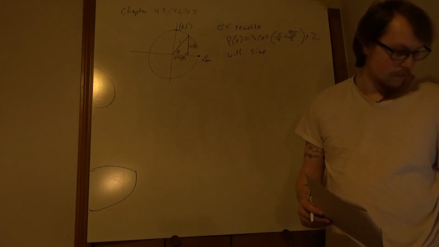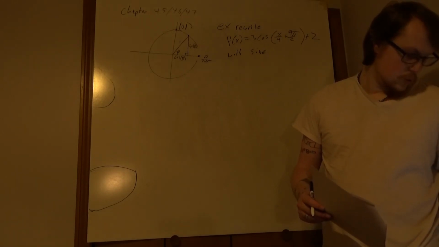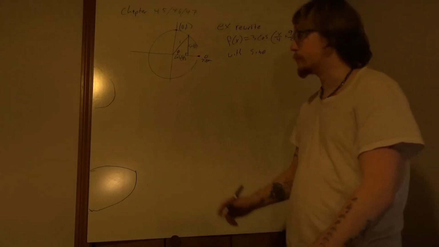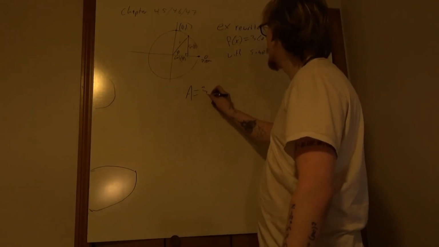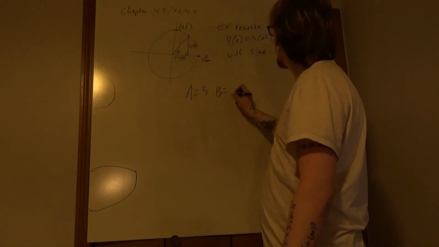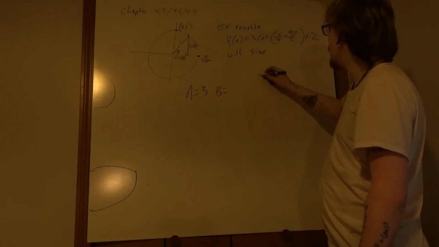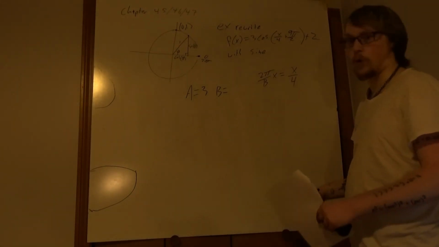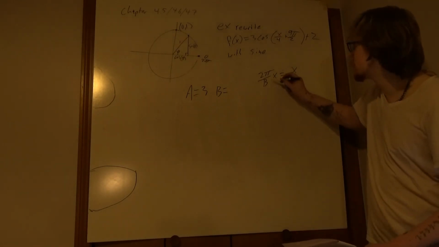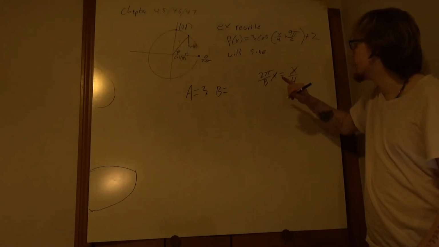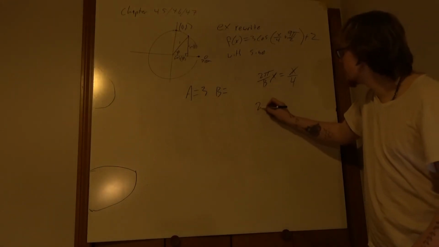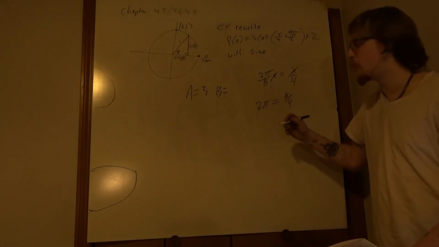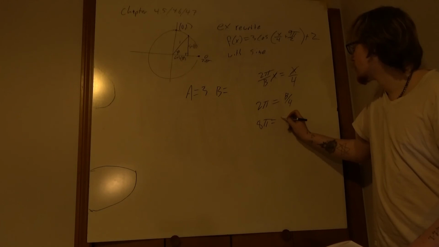Yeah, so let's go down the line. So we have A is equal to 3, B is equal to, well, if we have 2 pi over b equals x over 4, again, we can cancel the x's, and then I'm going to multiply everything by b to get 2 pi equals b over 4, and then multiply everything by 4 to get 8 pi equals b.